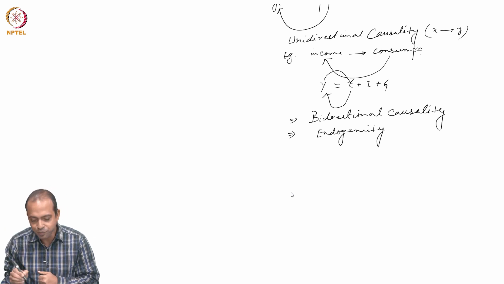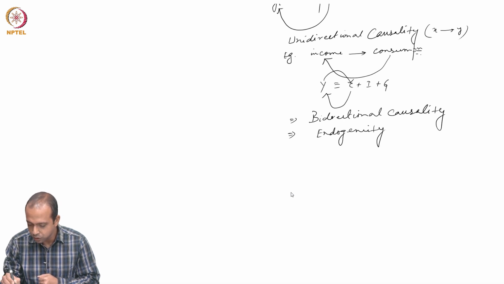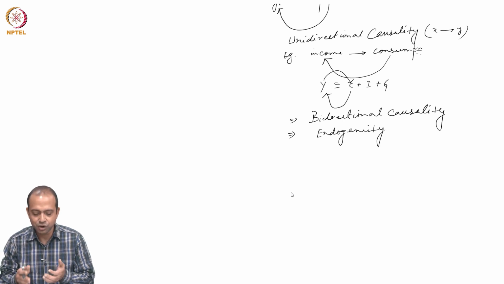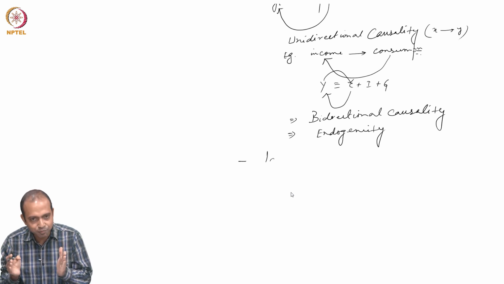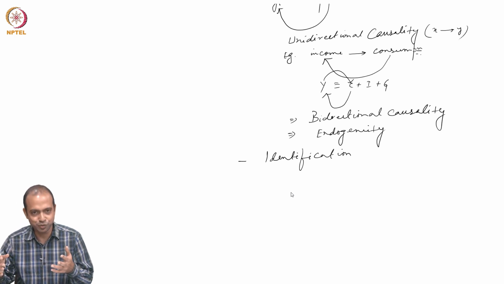There are conditions of identification that we are going to discuss, the rank and order conditions. We will discuss in detail the rank condition and order condition of identification. And then we will take an example, a data set, to make you understand how to estimate a simultaneous equation model.